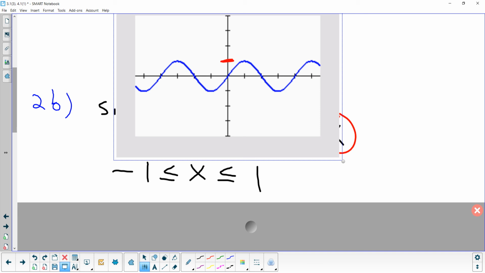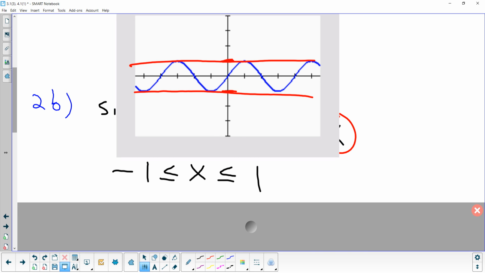And Raymond, what does it look like the lowest it ever goes is? -1. Yeah, it's always basically between those two lines, between -1 and 1. So the fact that that graph doesn't go any higher than 1 or lower than -1 has to do with why these are 1 and -1. Okay? There's a connection.